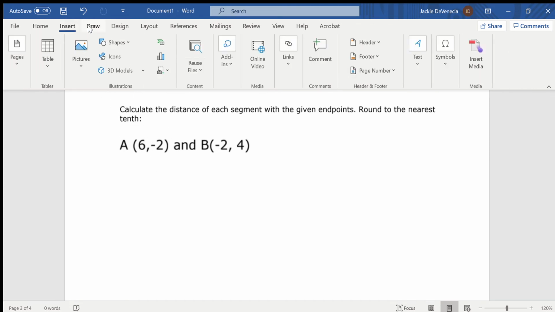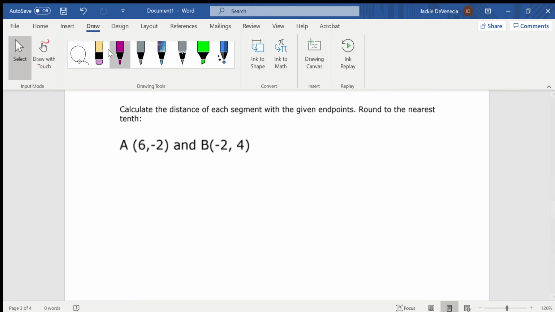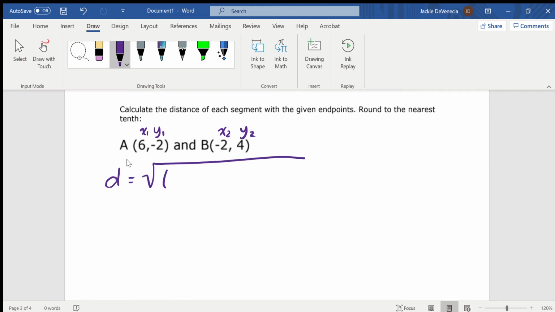All right, so first things first, you want to go ahead and just mark each of your values, just like what you did with your midpoint values. And then we're going to use the distance formula. So this will be the square root of x2 minus x1 squared plus y2 minus y1 squared.